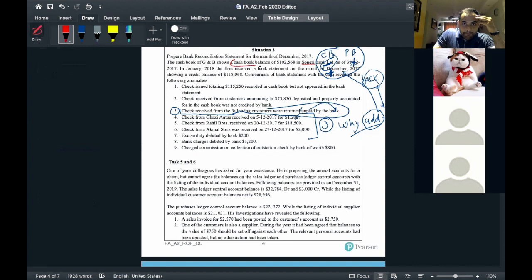Cash book balance. Wait, let me check this one. $115 is okay. So let me check.